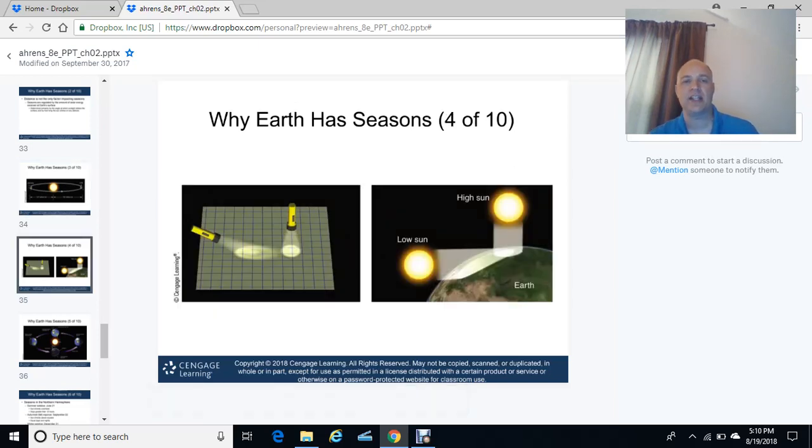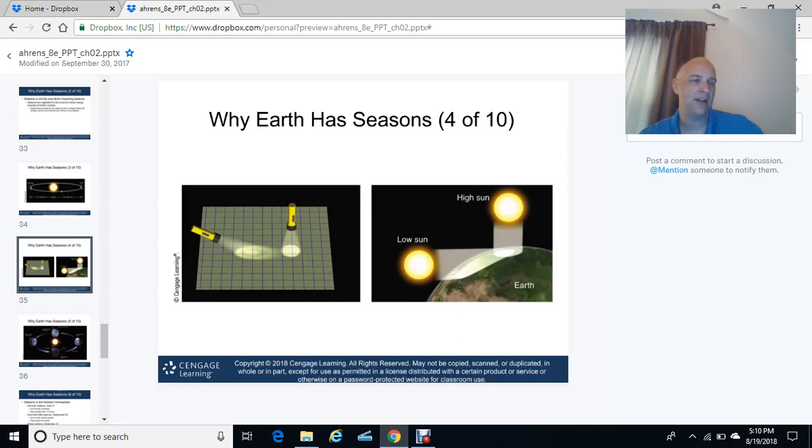Now I like this because this really gives you a good idea of the differences in sun angle between the summer and the winter. The image there on the left, you could do this simply at home. Take a flashlight out, shine it straight down over a spot on a sheet of paper. Outline the circle of light created by the flashlight. Hold it directly overhead and draw the circle around where that light is.